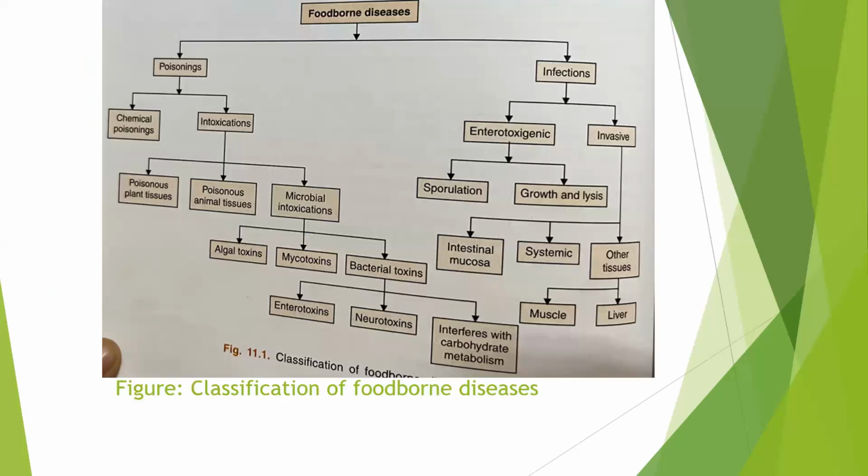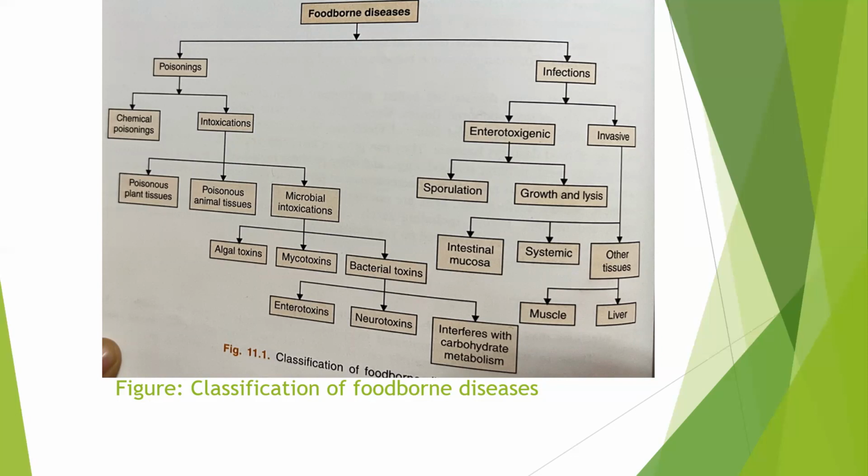Foodborne diseases can be broadly divided into food poisonings and infections. The poisonings can be chemical poisonings and intoxications. The intoxication can be because of poisonous plant tissues, poisonous animal tissues, and microbial intoxications. Under microbial intoxication, we have three types, caused by algal toxins, mycotoxins, and bacterial toxins.